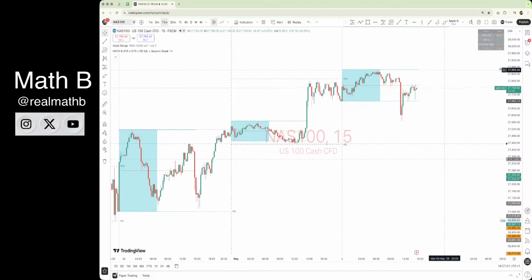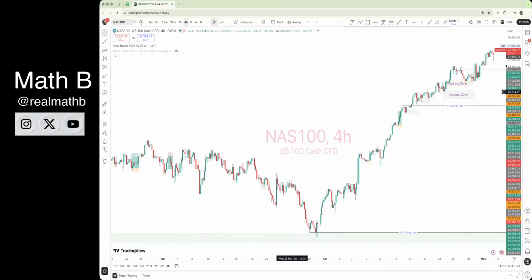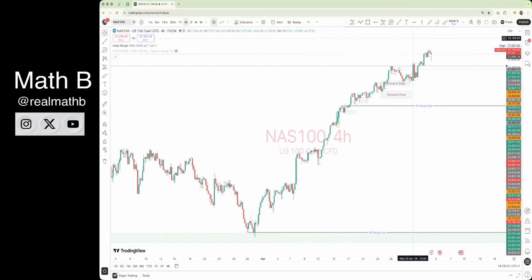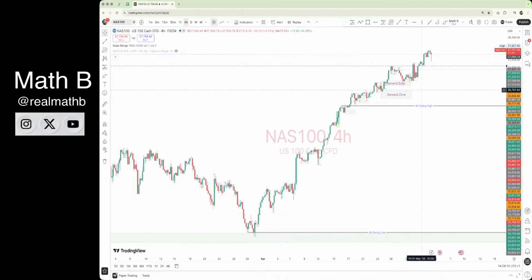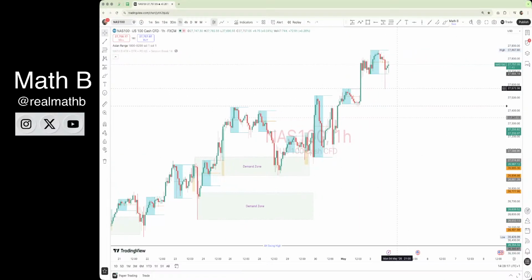In terms of where NASDAQ is right now, you know that NASDAQ is actually in an uptrend. For the last 30 days, it has been going in one direction, just trending up. Even if you draw a trend line, you can see that it's just been going up all the way. That means potentially we can continue to look for buys on the NASDAQ, especially if there's a pullback. And guess what actually happened? There was a pullback today.